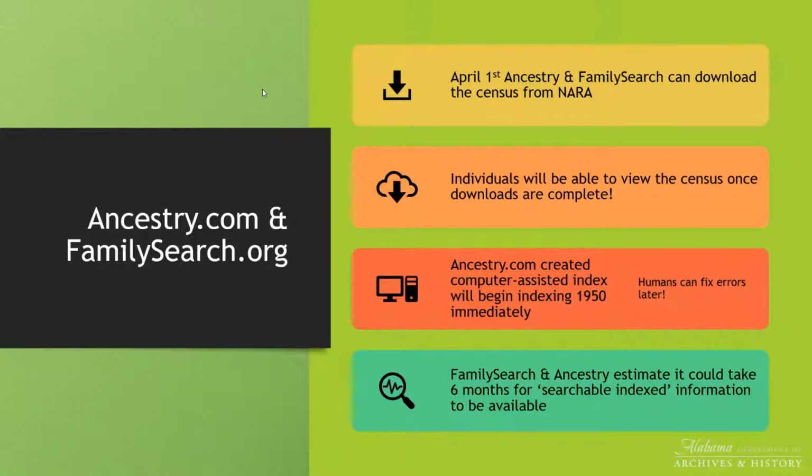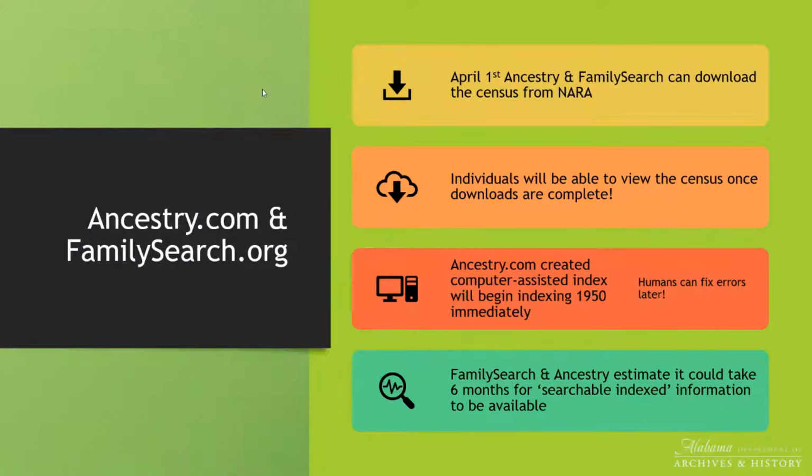From what I can tell, it sounds like NARA is doing the same thing, but NARA's is only going to really be able to index surnames and places, and Ancestry's is supposed to do a much more thorough job than that. And then after that is complete, they're going to try and have crowdsourcing available like NARA is going to do, where they can fix some errors and index more things that maybe the computer couldn't do.